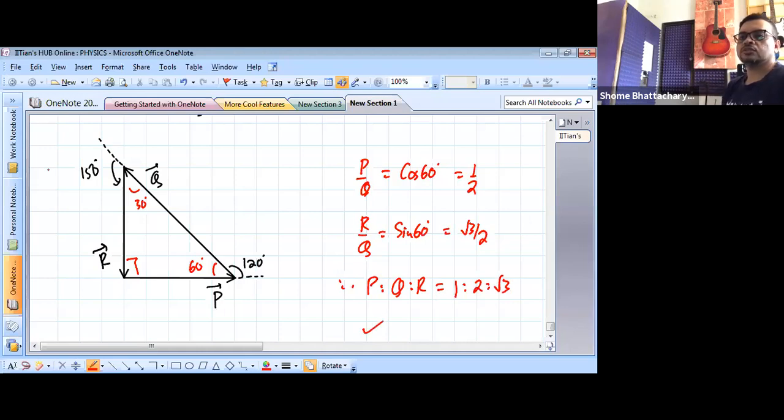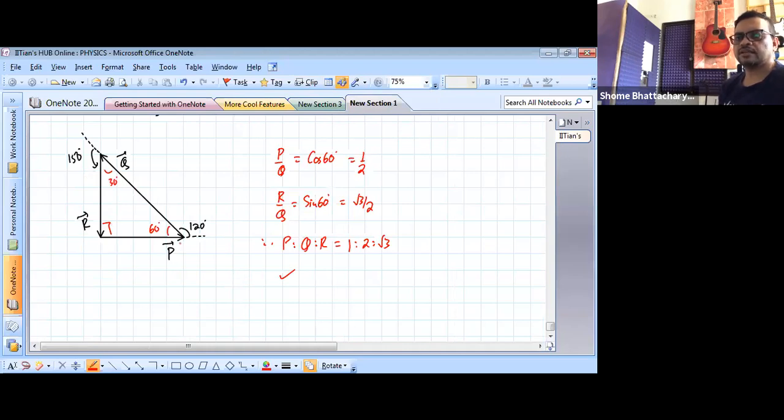This is the easy way of solving this, because the triangle worked out to be a right angle triangle. Otherwise, we can also do this by component method.